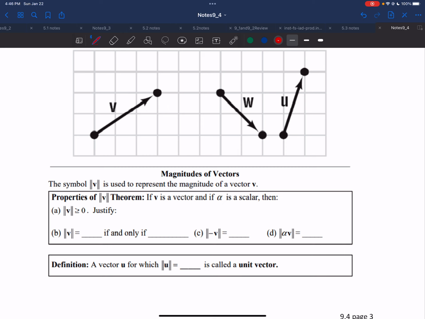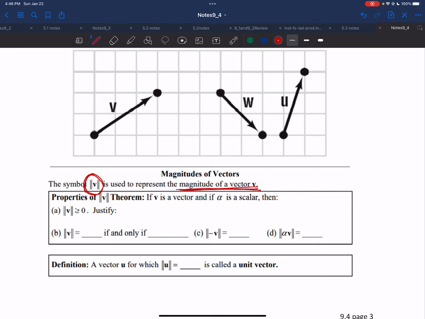The symbol, double line with a v inside of it, I did that on our previous exercise. And that just represents the magnitude. So if we're talking about just the value or the number of a vector without any of the direction or anything, that's going to be your double bar v. So we have the properties of the double bar v theorem.